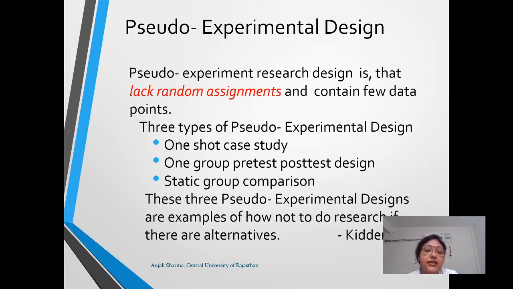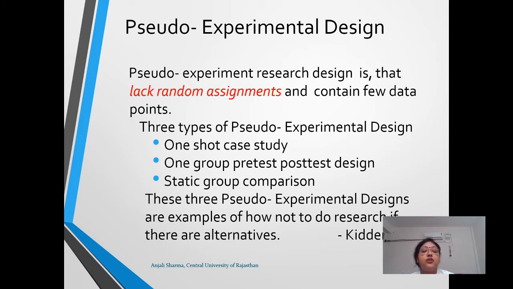This kind of study is called a one shot case study. And then the one group pre-test post-test design. It means that you go and, without considering any characteristics of your group, you administer one test before the intervention, that is the pre-test, and you administer the same test again on the same group after the intervention, that is called the post-test design.